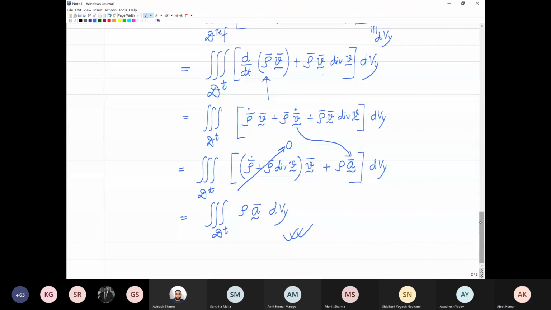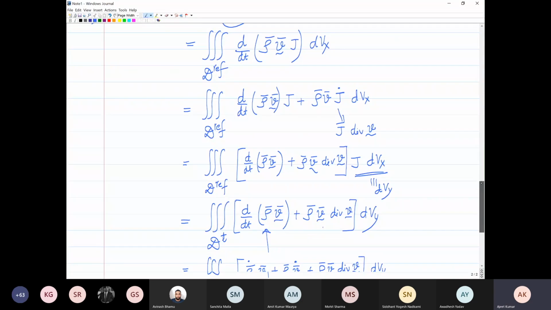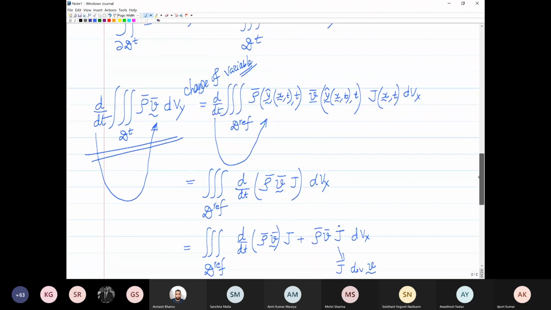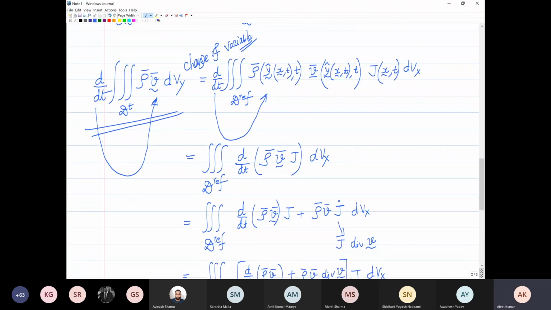The whole thing appears as if you simply bring the d/dt inside and just take the time derivative on v. Isn't it? It appears like that. But if somebody does that naively, that is obviously not correct.